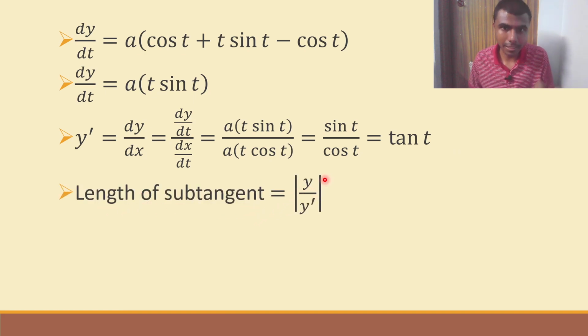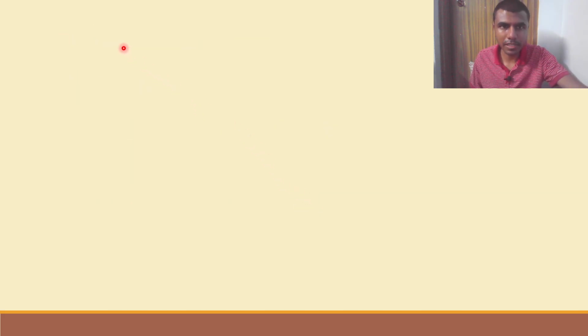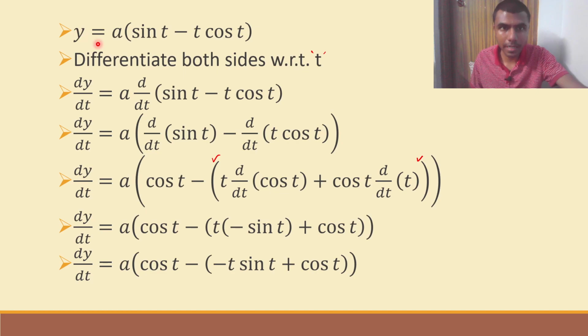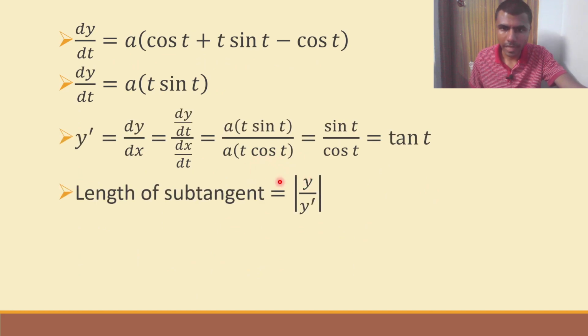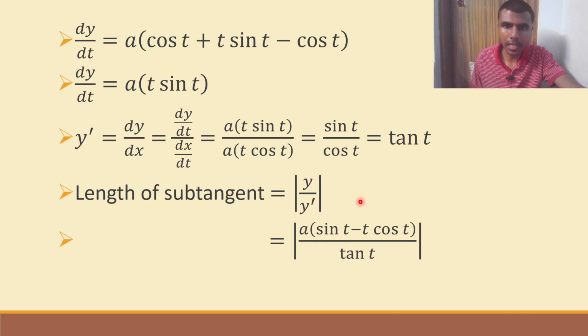Length of subtangent is nothing but modulus of y by y dash. The formula you can check out in the textbook also; it's there in the Max 1B textbook. What is this y? If you remember, the curve we are given, before I started differentiating, is y equal to a into sin t minus t cos t. So y is a into sin t minus t cos t, and we know y dash is tan t.